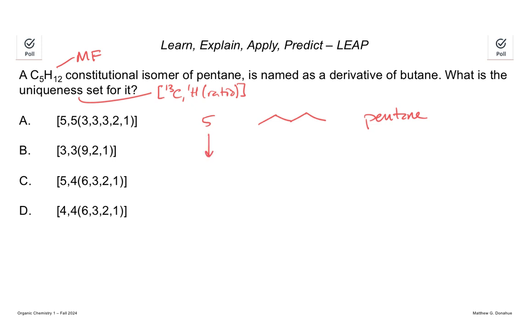It's a derivative of butane. And butane is 4 carbon atoms long. So I'm going to draw 4 carbons. And then that's just the numbers to help us.